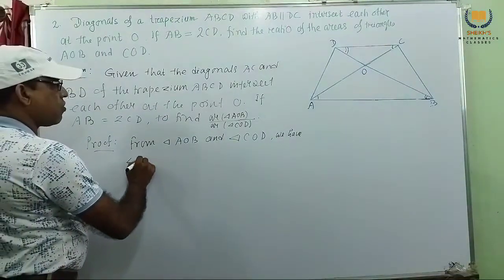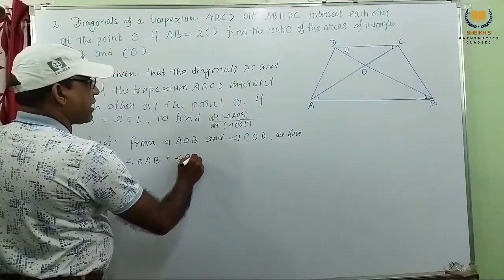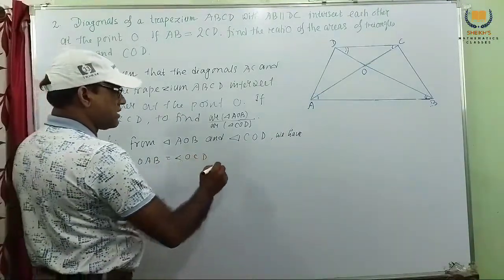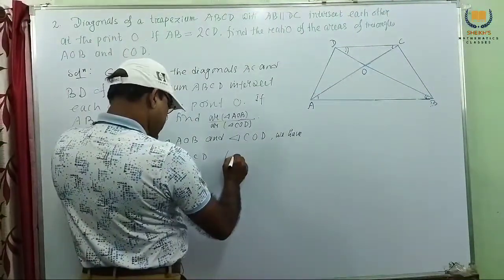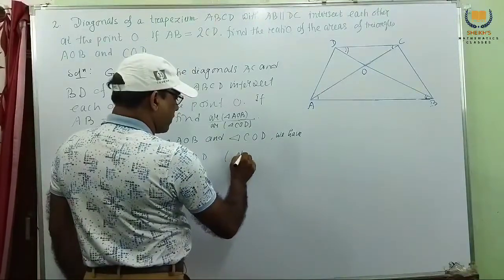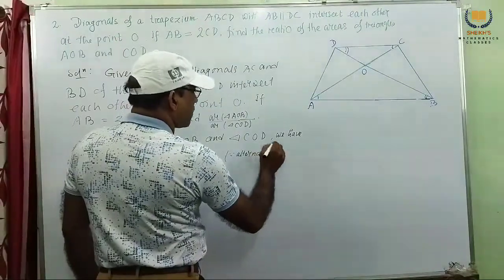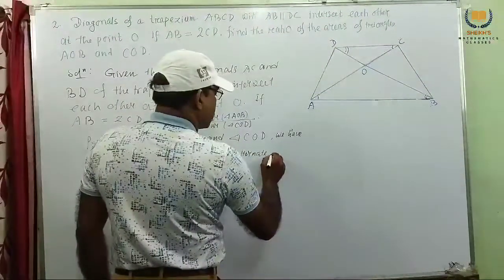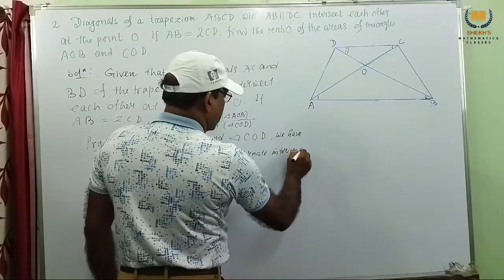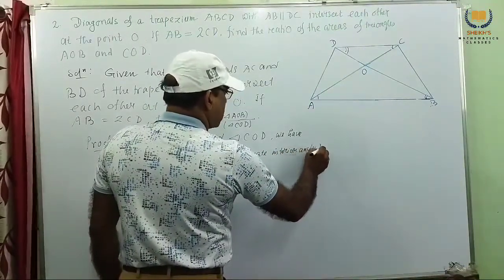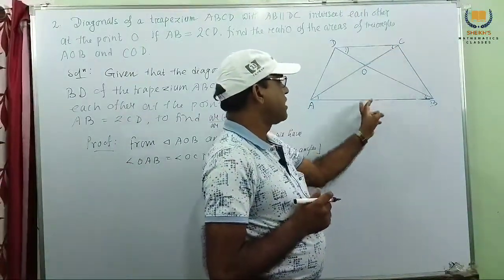Angle OAB equal to angle OCD, since alternate interior angles. We know these two angles are equal because these two lines are parallel.